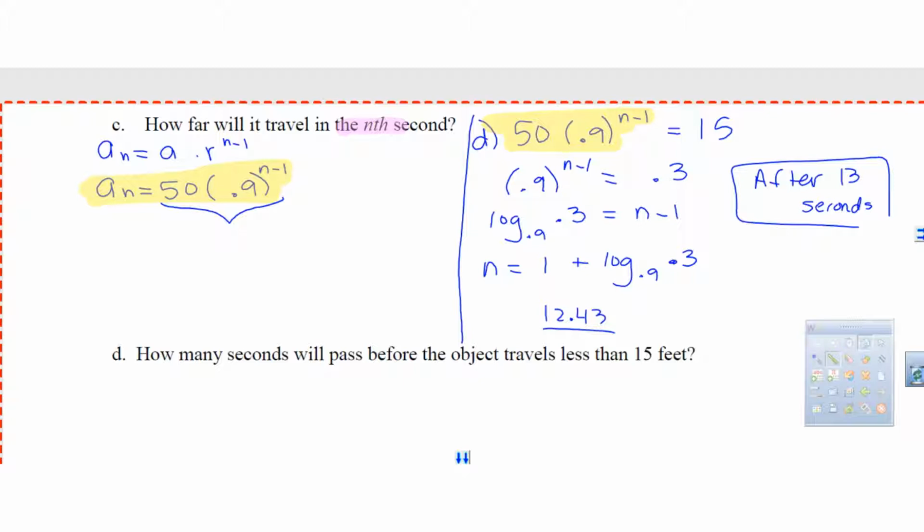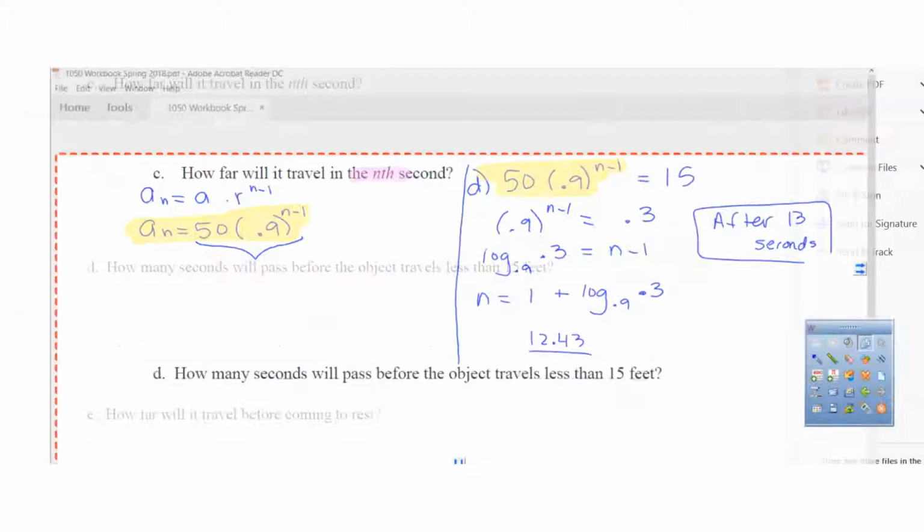So during the 12th second, does it travel less than 15? No. Now let's make it 13. So let's go 50, parenthesis, 0.9, close it, raise it to the 13 minus 1, which is 12, hit enter. Now it's less than 15. So during the 12th second, it's not there. It's during the 13th second that it actually is less than 15. Who says, I gotcha? Let me see. Okay, great.